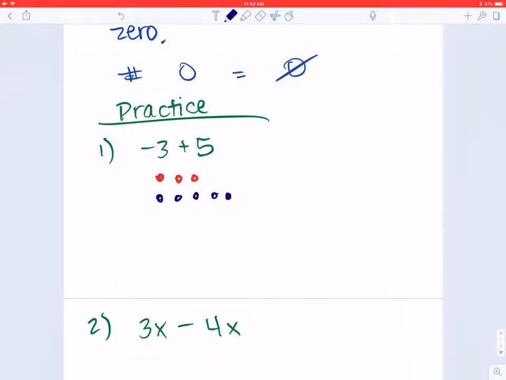Well, remember, this is equivalent to saying 1 minus 1. I have 1 and I'm taking 1 away. So those zero out. I have 1, I'm taking 1 away, they zero out. So then the question is, what are we left with? We're left with 2. So our answer equals 2.